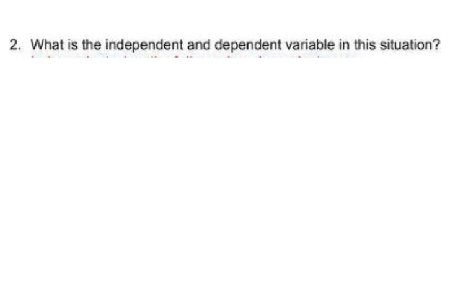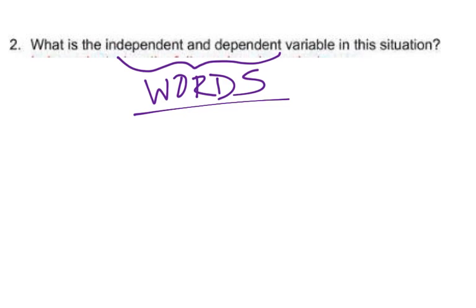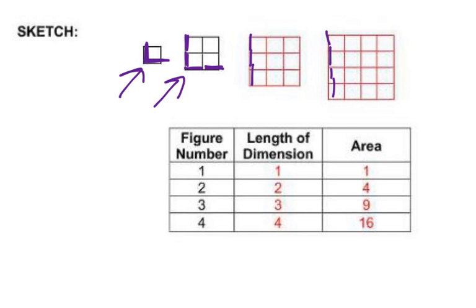What is the independent and dependent variable in the situation? This is making you think back to several weeks, maybe several months ago. We learned that when they ask for independent and dependent, they want words, okay, not numbers. Independent is whatever the x is. It's what's in the problem. So if I look back at my table, this figure number really doesn't count for this table.